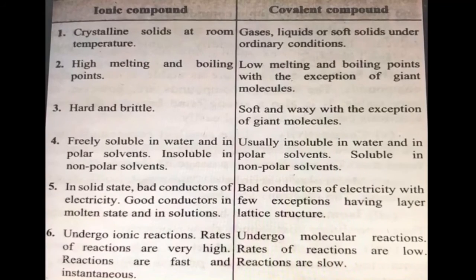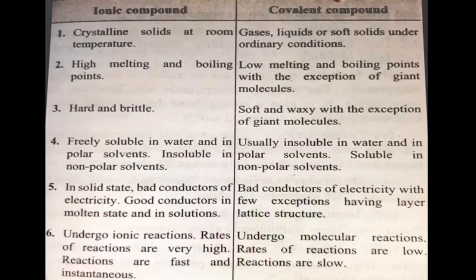Next is the difference in properties between ionic or electrovalent compounds and covalent compounds. Ionic compounds are crystalline solids at room temperature. Covalent compounds are gases, liquids or soft solids under ordinary conditions. Ionic compounds have high melting and boiling points due to strong electrostatic force between ions.